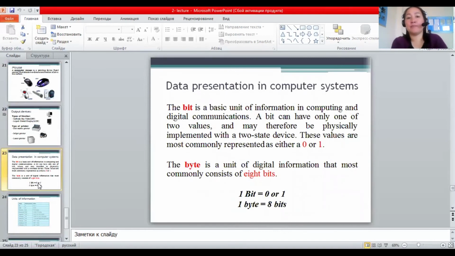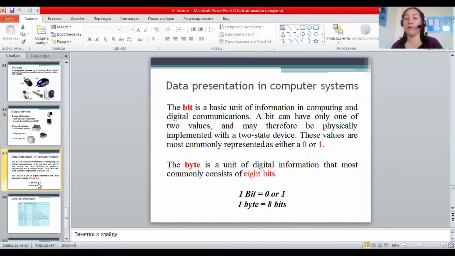And the data presentation in computer systems, the bit and the byte. One bit is 0 or 1, and 1 byte is 8 bits. The bit is a basic unit of information in computing and digital communications. A bit can have only one of two values, and it is physically implemented with a two-state device.